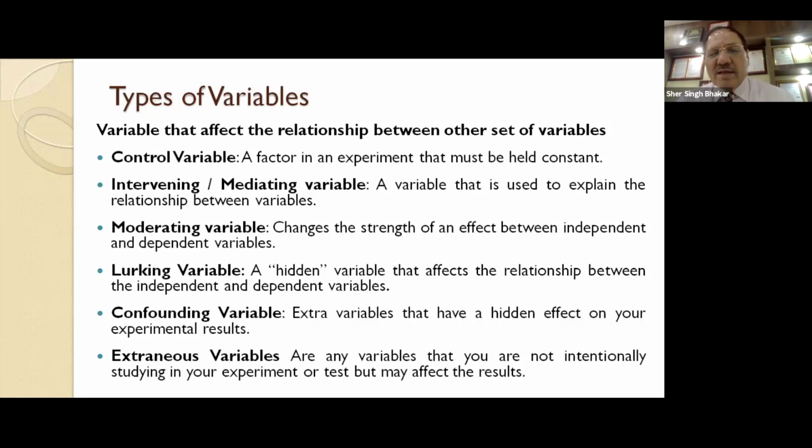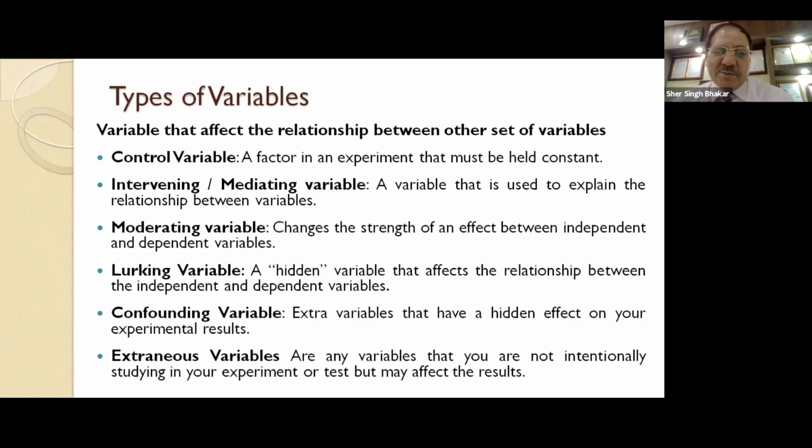Confounding variable: extra variables that have a hidden effect on your experiment are called confounding variables. That means they will affect your results, but they are not part of your study. Therefore, you are not able to remove their effect, so they are called confounding variables.